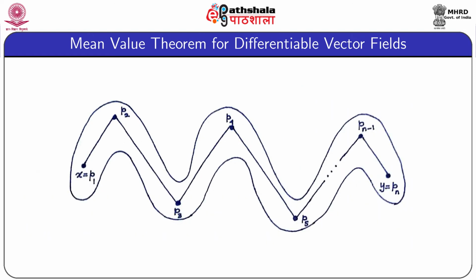This will be clear from this line segment. We have drawn a set which is our A, and we have 2 points x and y. As A is not convex, it is not possible that the line segment joining x and y lies entirely within this set, but we can join x and y by finitely many line segments.